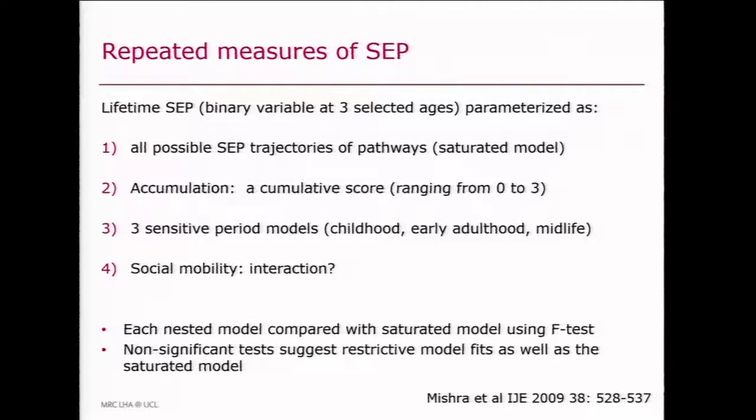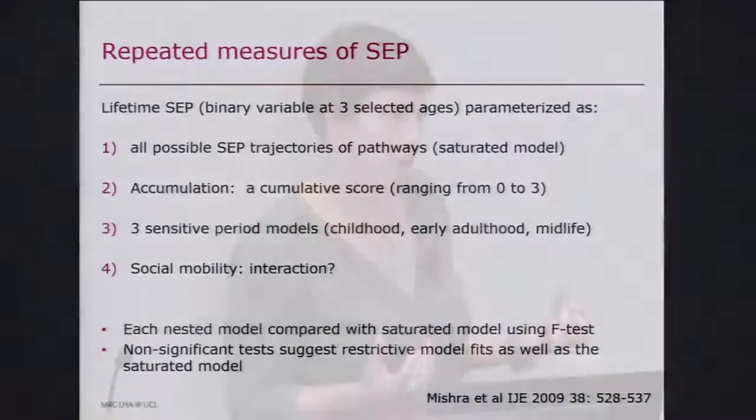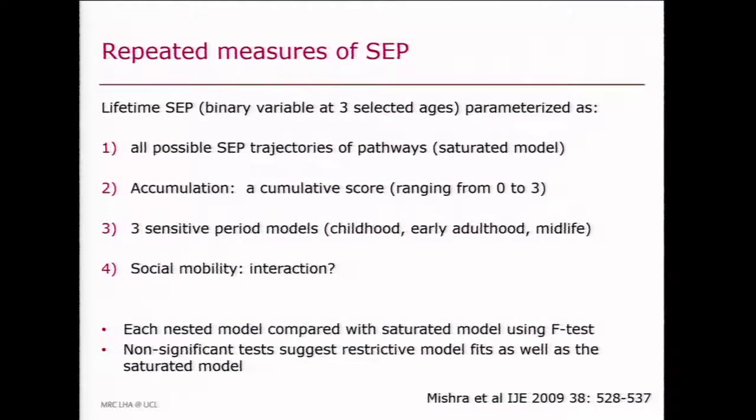Then we parameterise the model, first of all, as all possible socioeconomic pathways or trajectories, and that's the saturated model. Then we define an accumulation model, and we do this by just adding up the scores. So each of the 3 time points, we score 0 for the most advantaged and 1 for the disadvantaged. So we have a score between 0 to 3.